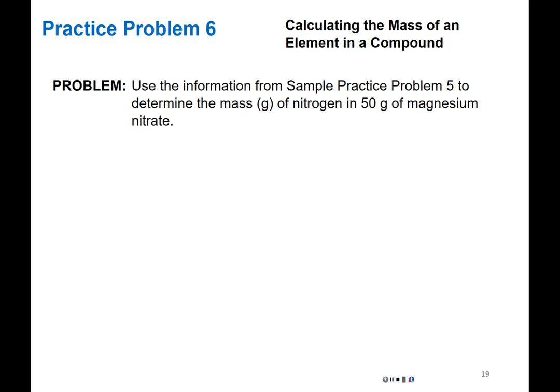Right? So we have 50 grams of magnesium nitrate. We multiply that by the mass fraction of nitrogen in magnesium nitrate, and that was 0.189.